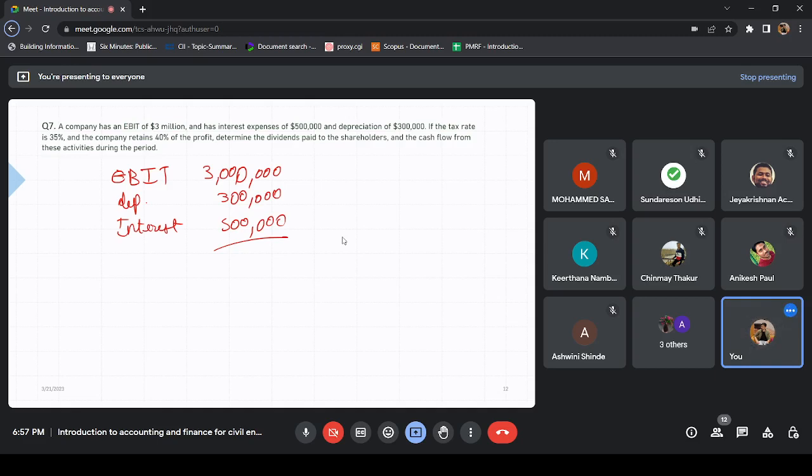Anybody? 10 lakh 50,000. So I mean, of what number are you bringing?